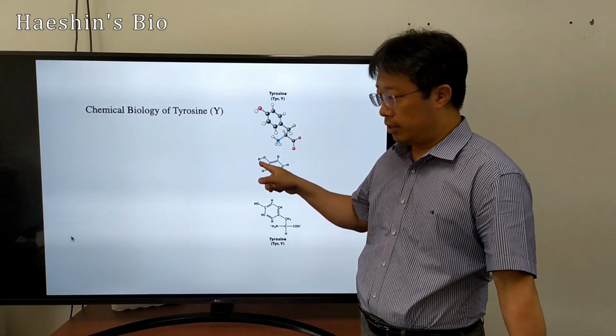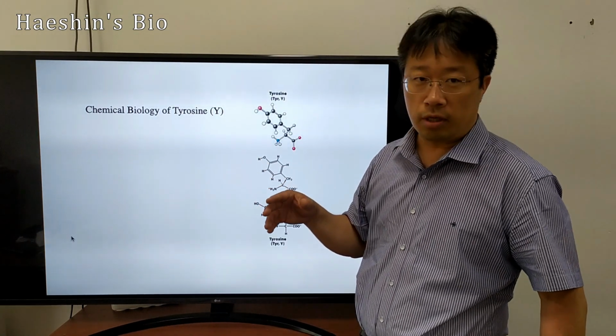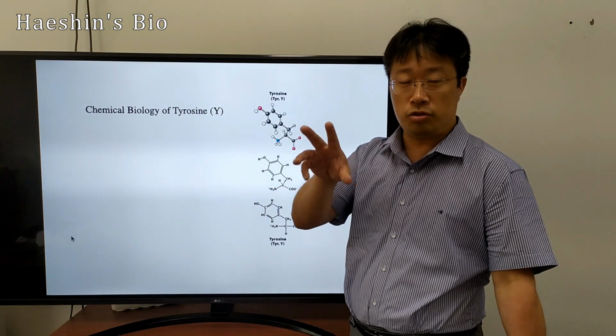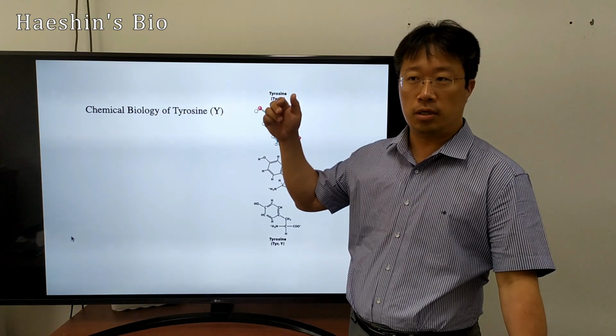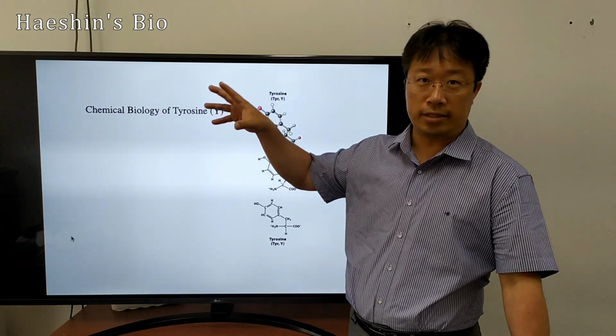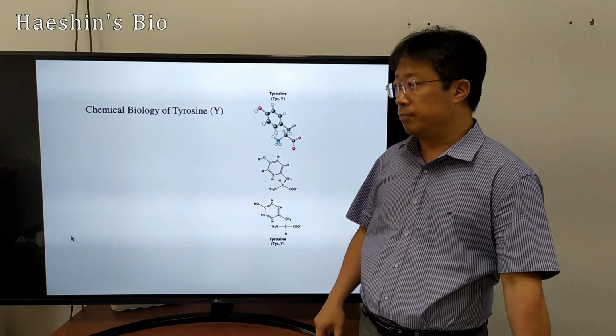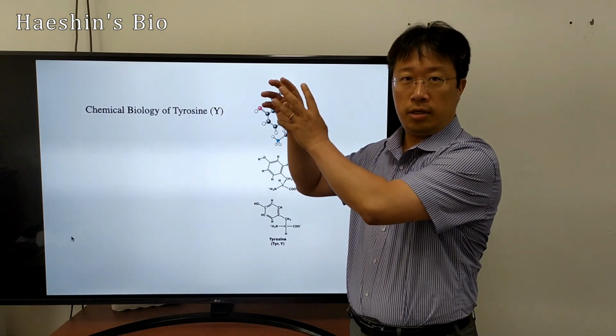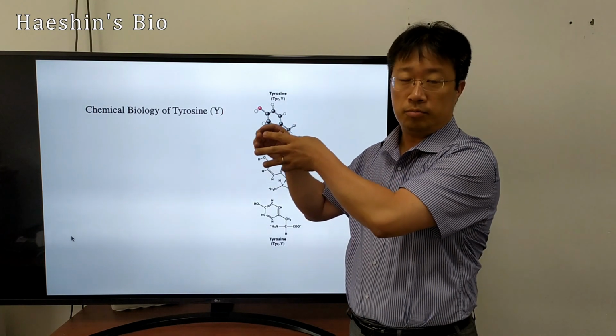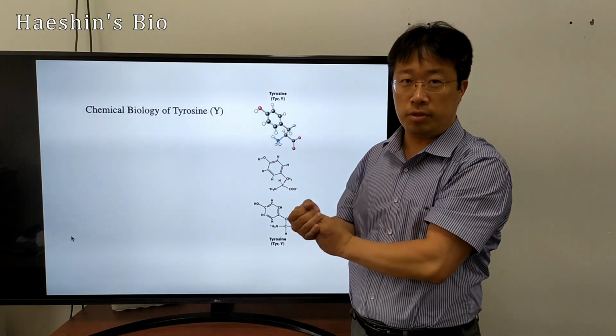And you remember the Henderson-Hasselbalch equation: pH equals pKa plus log10 of base over acid, so that pH equals pKa when the protonated and deprotonated species are equal.